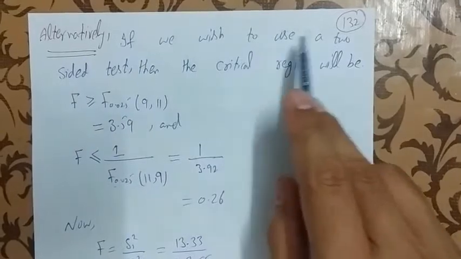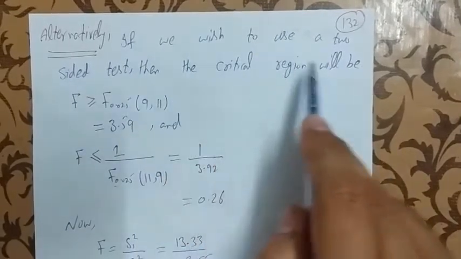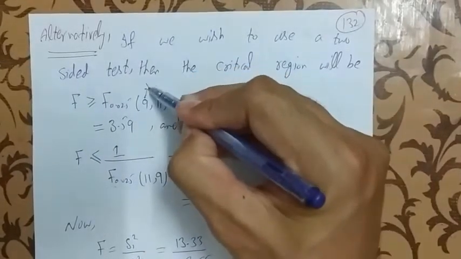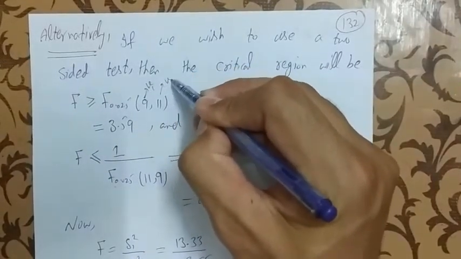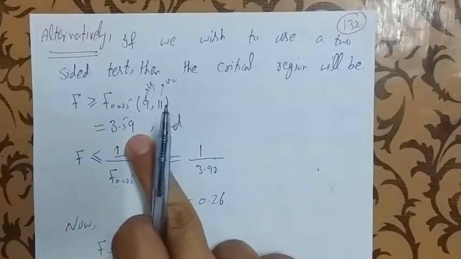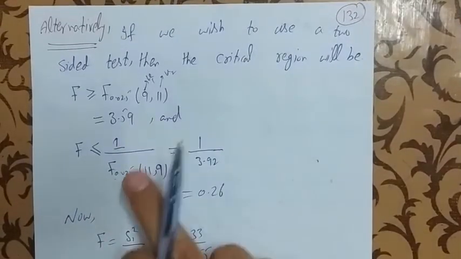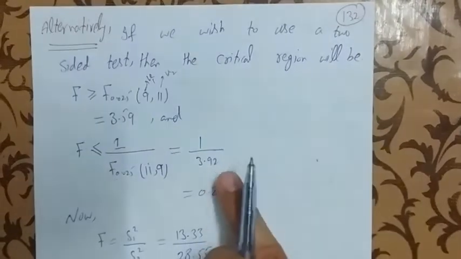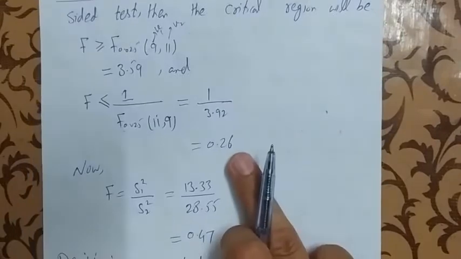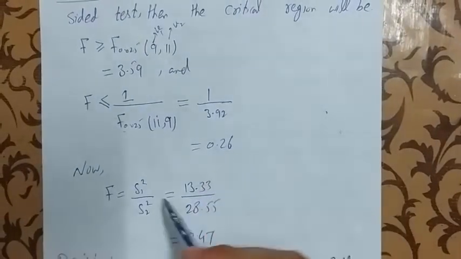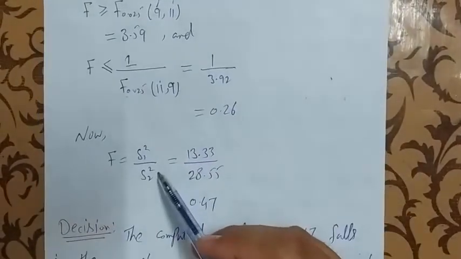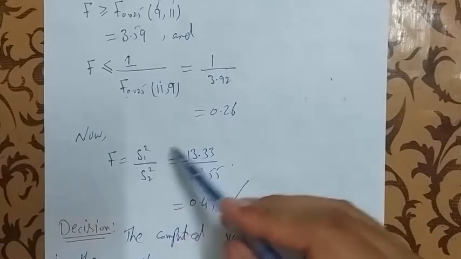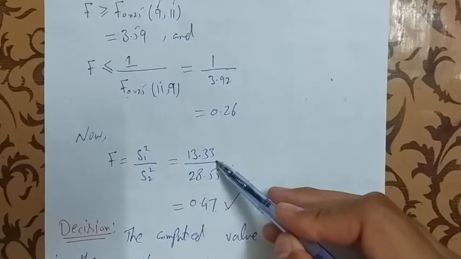If we wish to use a two-sided test, then the critical region will be F greater than this, with values of nu 1 and nu 2, and its value from the table is 3.59, and also with nu 2 and nu 1, the value is 0.26. The test statistic result is 0.47 by putting the value of S1 square over S2 square simply.